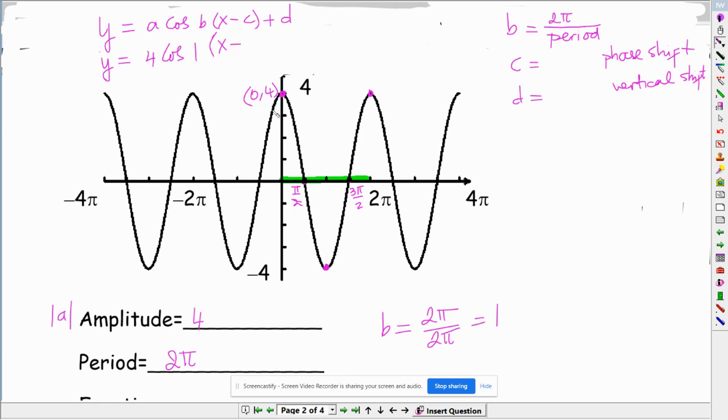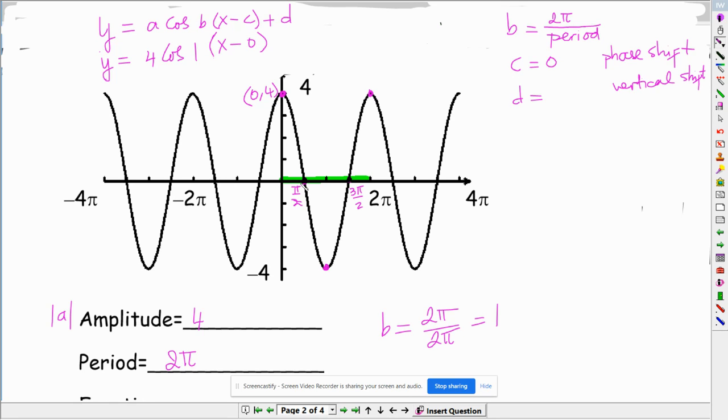Now let's find C. To find C, we are looking at the first point in this period of the cosine graph. The first point, you can see right here, is (0, 4), which is the y-intercept. So this tells us that the graph has no phase shift, so C has to be equal to 0. Then to find D, we look at the midline, the line between the y max and the y min.